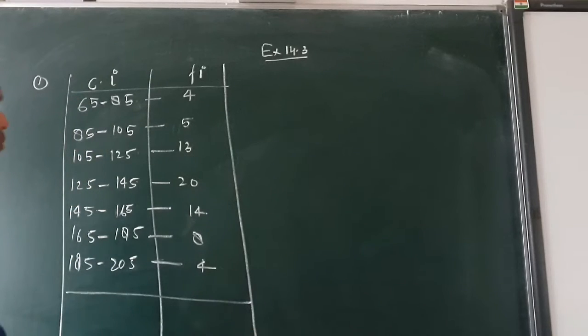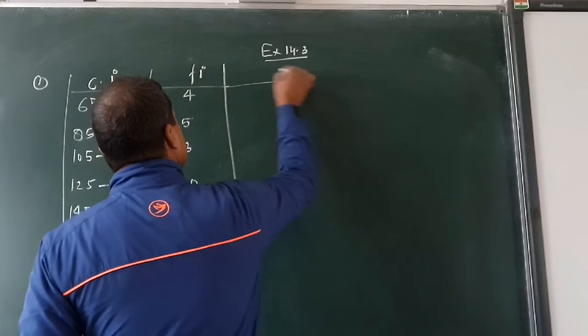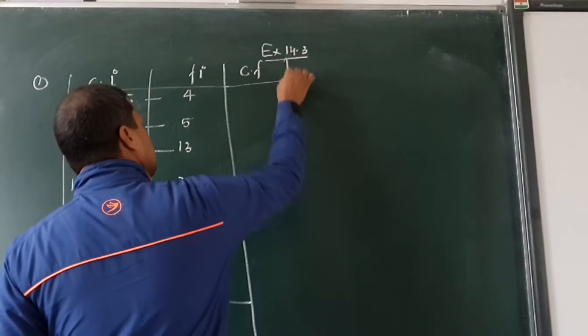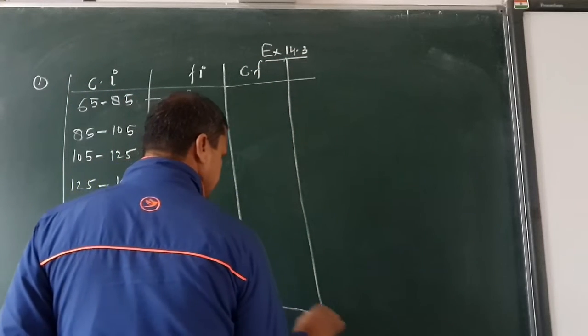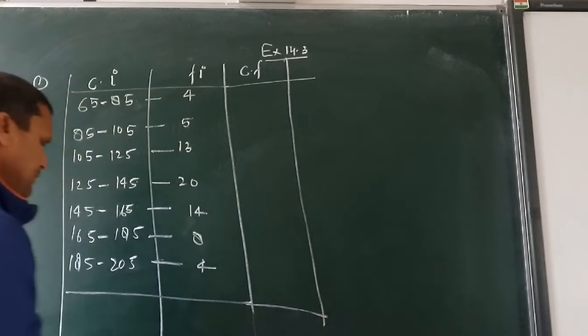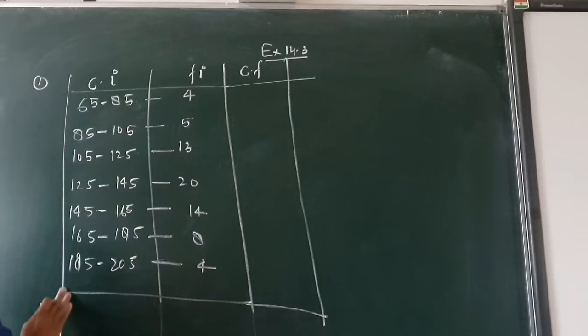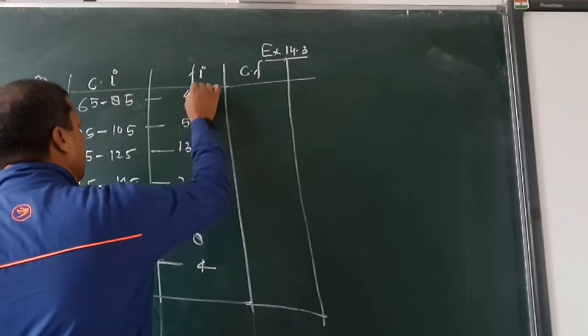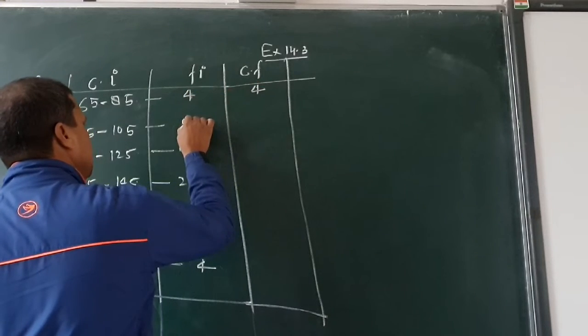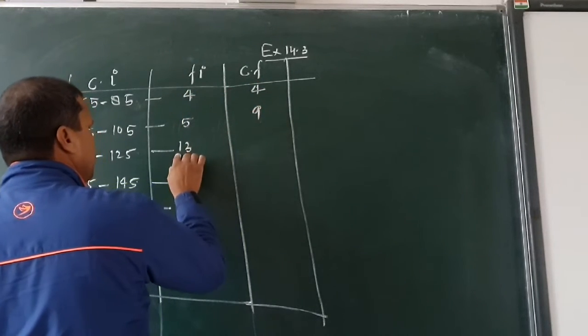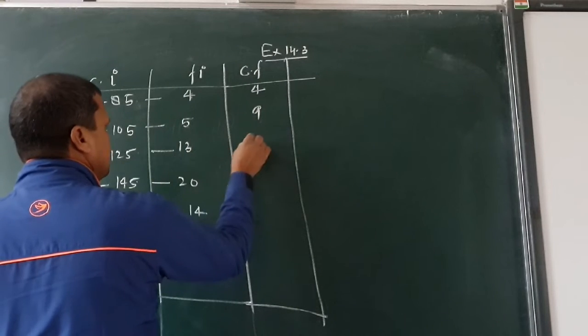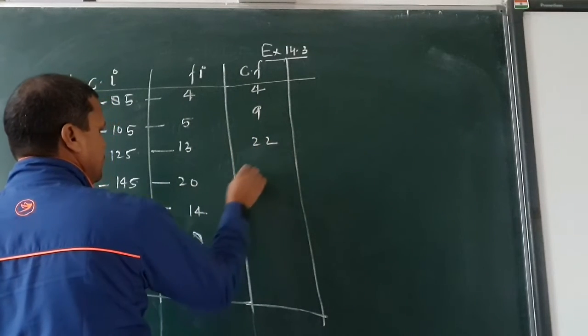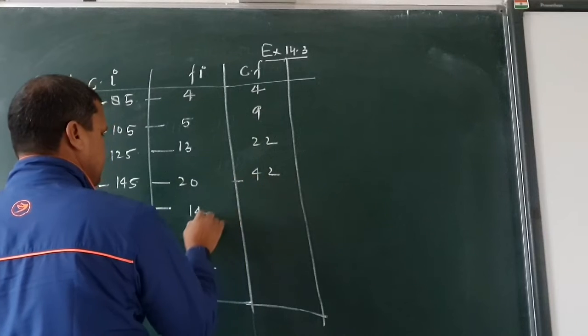Now find the CF. CF means cumulative frequency. So add 4 as it is. When we add 5, it becomes 9. Now add 13, it is 22. Add 20, it is 42.